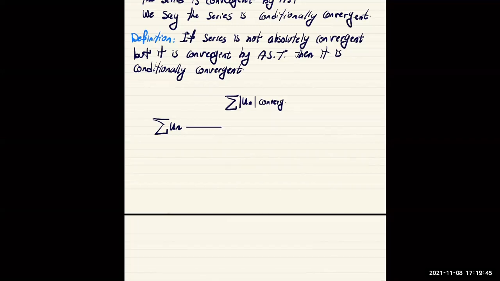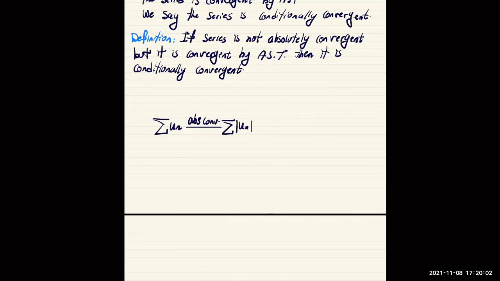So that's what I do. I check for absolute convergence, so you're looking at the sum of the positive terms.